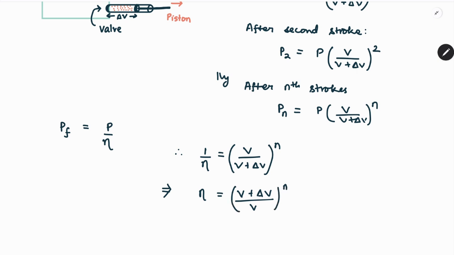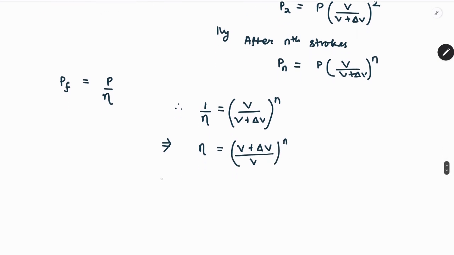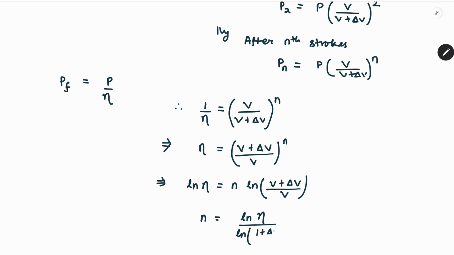And over here if we take log on both sides, since we are solving for n, then we write ln eta is equal to n times ln of V plus delta V by V, and hence the value of n which we are looking for is equal to ln eta upon ln of 1 plus delta V by V. And this is the final answer for this particular problem that we have.